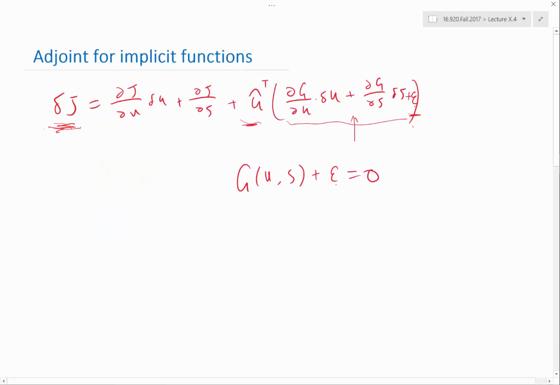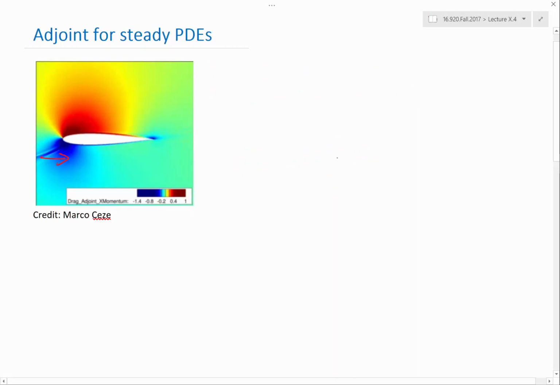If I introduce an epsilon in the x momentum equation, that is like having a negative epsilon on the right hand side, so it's actually the sensitivity to a negative. That means if I push in the negative x direction, it will decrease my drag.